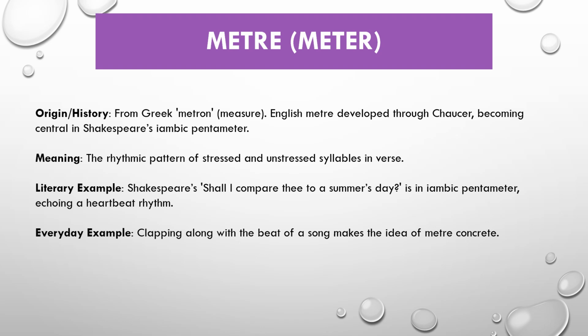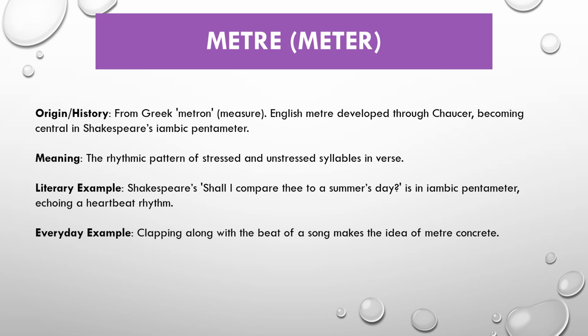For example, the example quoted here is iambic pentameter. Penta means five, so pentameter means five feet. Which kind of feet? Iambic. Iambic is a pattern in which a stressed syllable follows an unstressed syllable. So it is something like unstressed, stressed, unstressed, stressed, unstressed, stressed, five times.